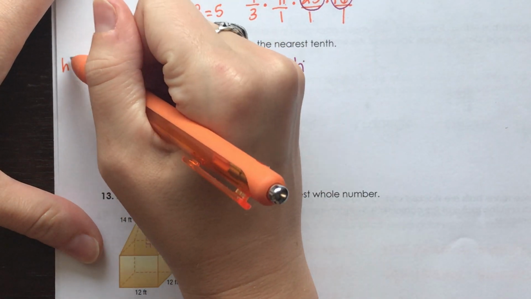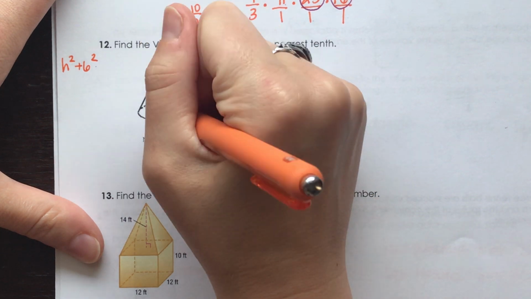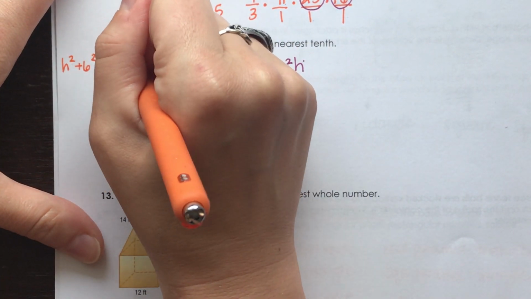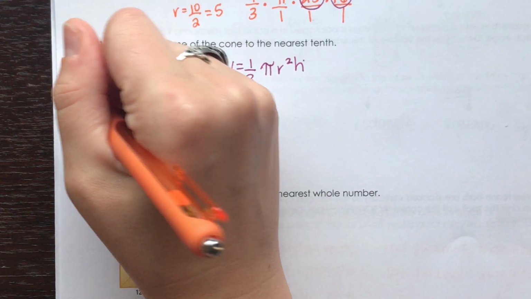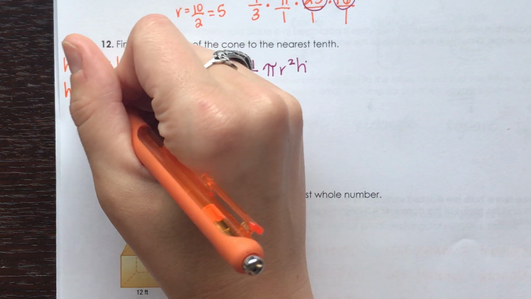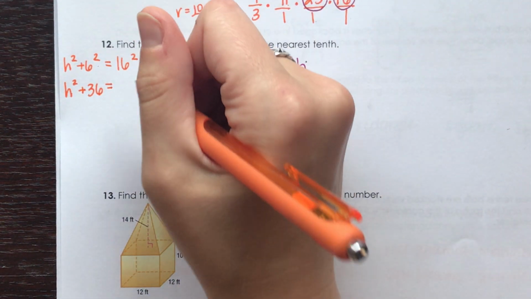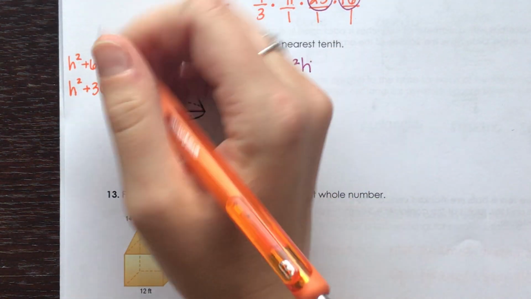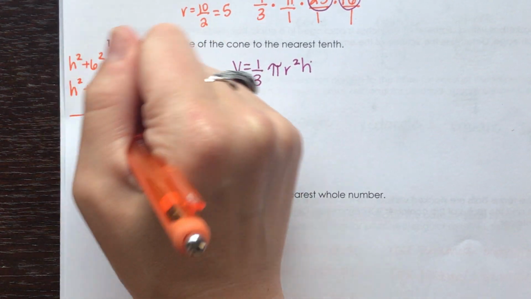So I've got h squared plus 6 squared, right? So the 2 legs equals my hypotenuse squared, 16 squared. All right, so I'm gonna go through, do the squareds first. So 6 squared is 36. 16 squared is 256. Now, to get the h by itself, I'm gonna subtract 36 on both sides.